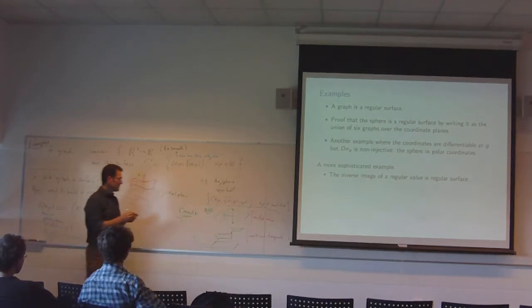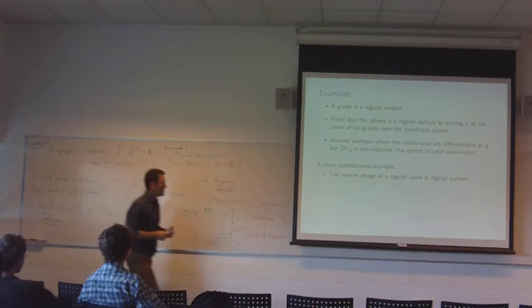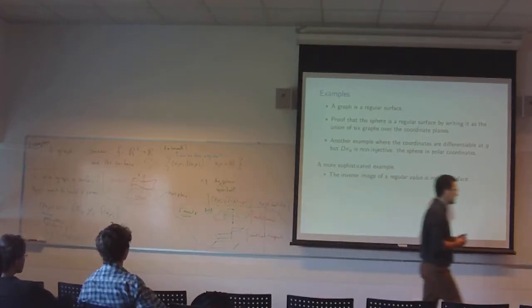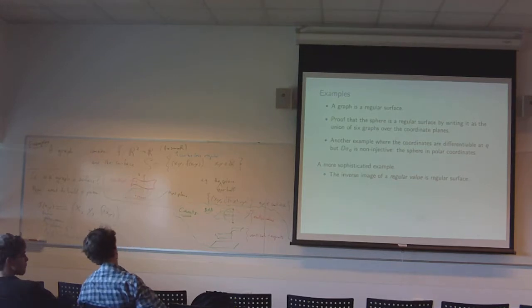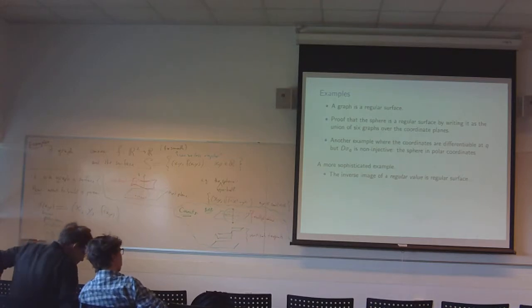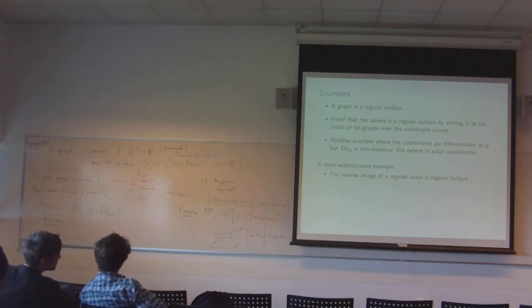You just have to be careful around the singularity, and sometimes around the singularity these calculations give you misleading answers. Send me an email and I'll try to think of an example where things go differently than you expect. Right. So there's our proof that a graph is a regular surface.